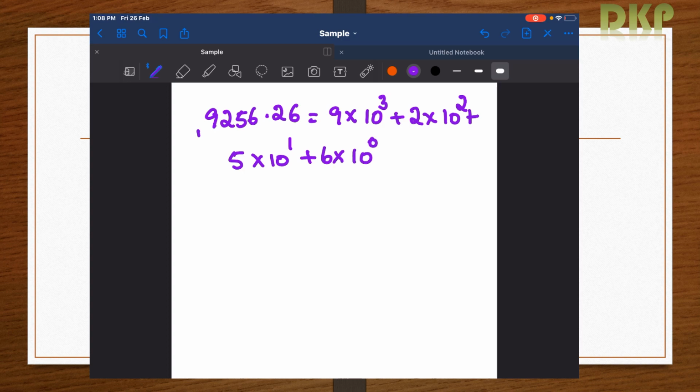That is, all these digits are before the decimal point. Now after the decimal point, 2 into 10 to the power of minus 1 plus 6 into 10 to the power of minus 2.